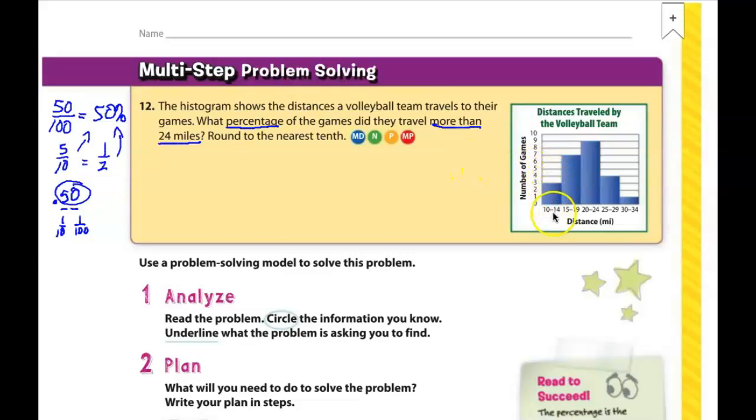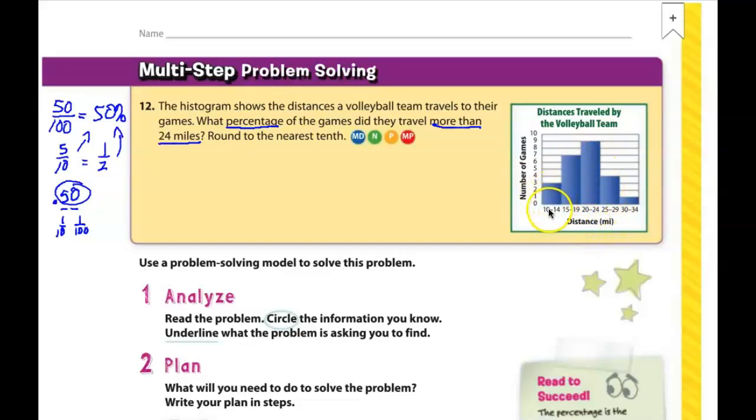All right, so the first thing we need to realize is, how do I read a histogram? Histograms are very much like bar graphs, but instead of specific things for each bar, they have ranges of numbers. The number of games is on the y-axis, and the number of miles is on the x-axis.